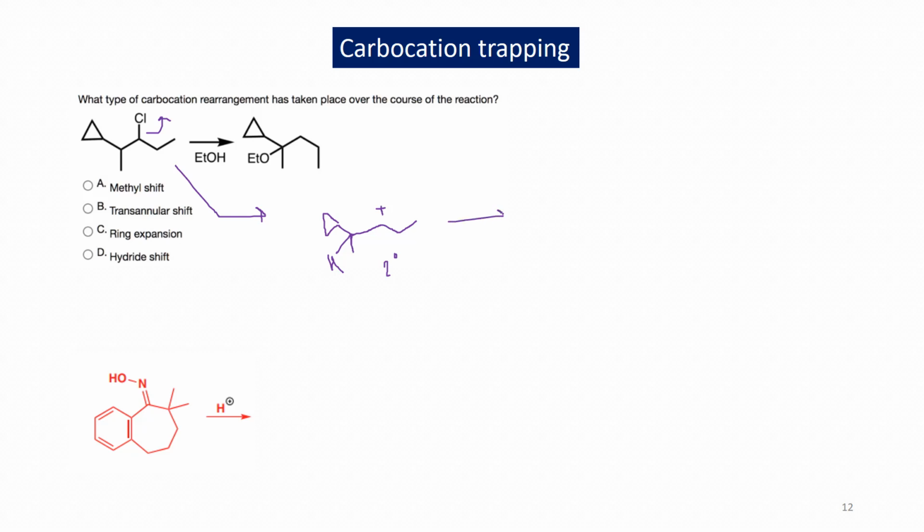So if we shift this hydrogen atom, a hydride shift, what will it form? It will generate a carbocation at this place. Now this carbocation is 3 degree.